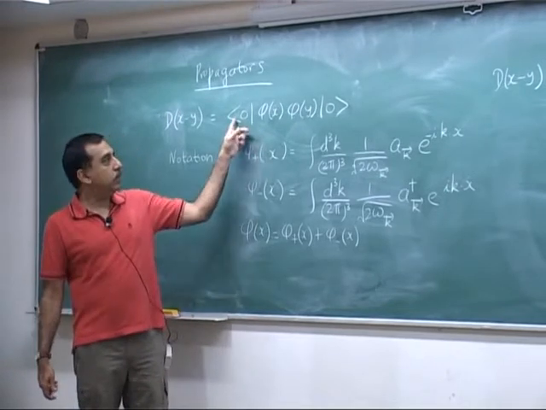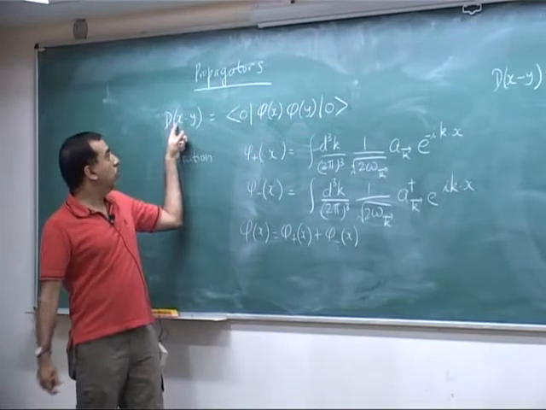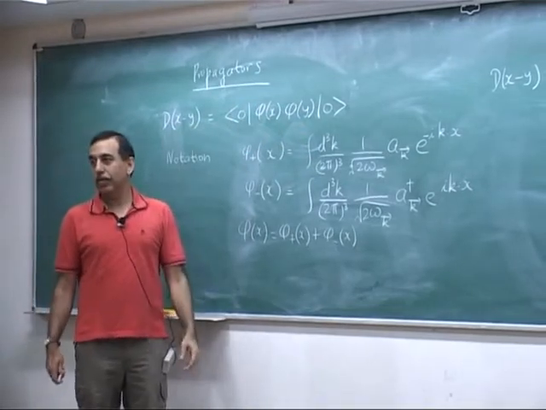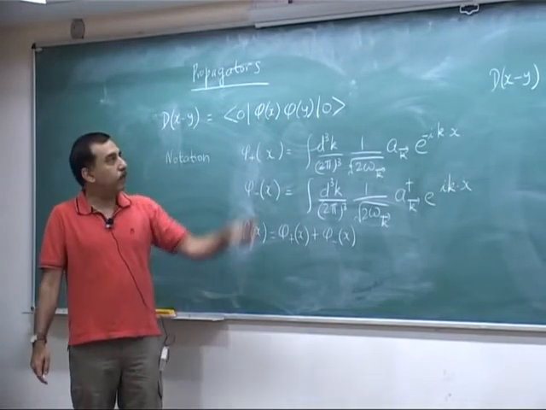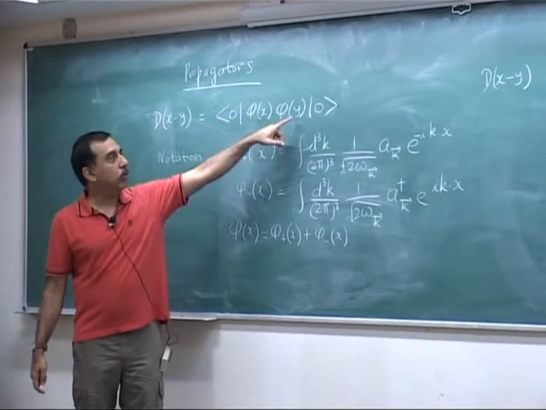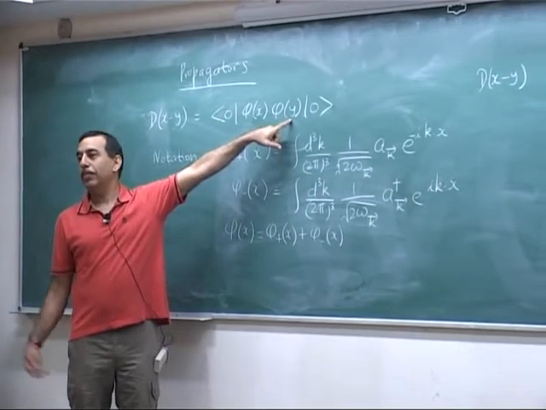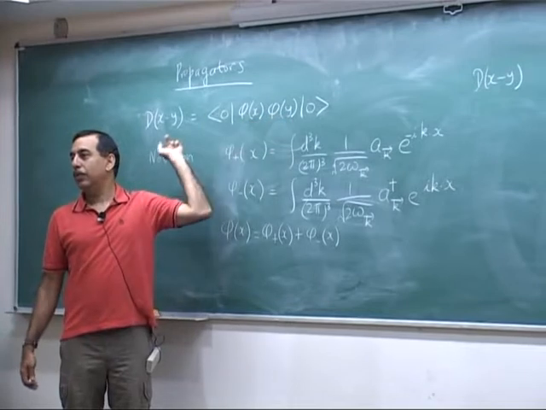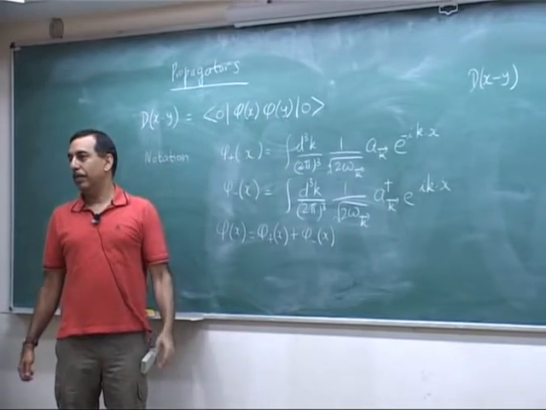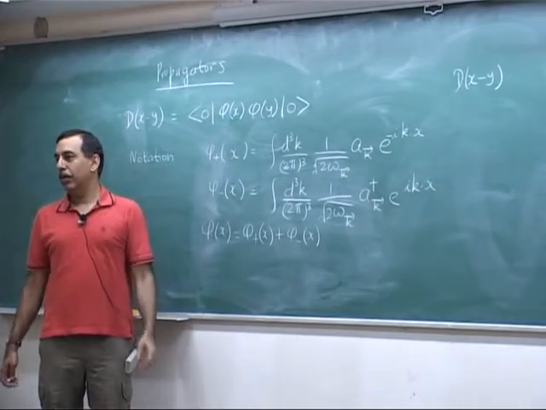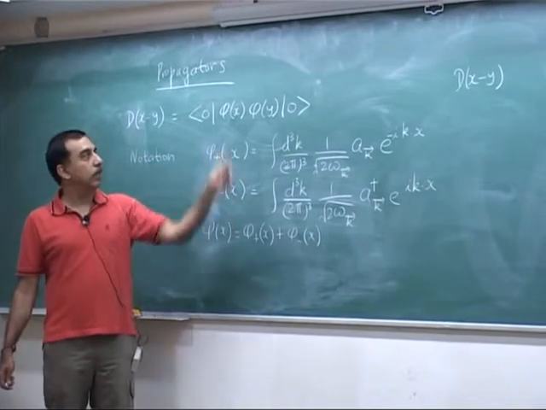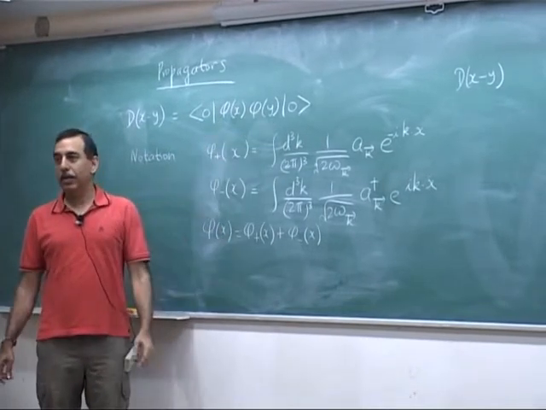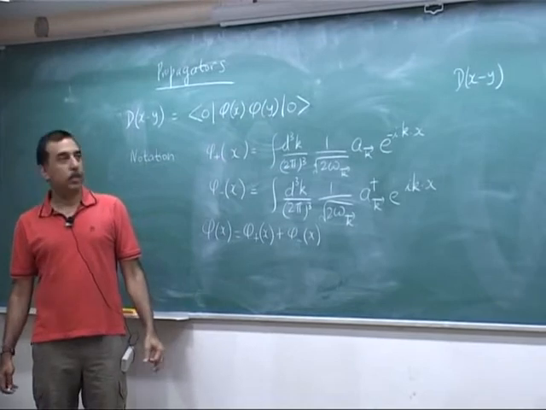And therefore, the answer for this must depend only on the difference x mu minus y mu. So it's only one argument. If I had three phi's, I could move one of them, for example, to the origin, and then the other two distances would be relevant. So the answer would depend on those two. It always depends on one less than the number of arguments. Is that point clear? By translation invariance.